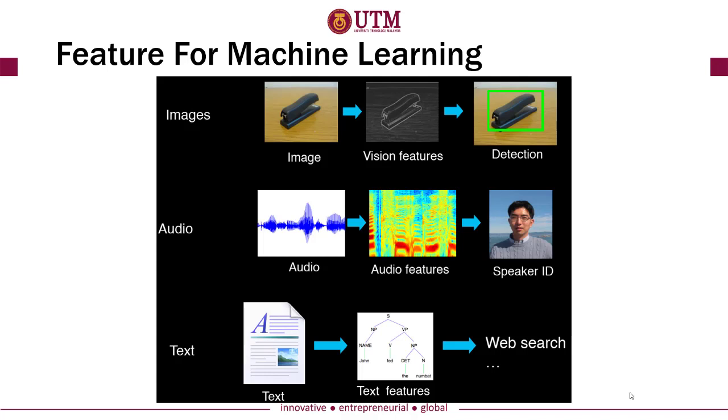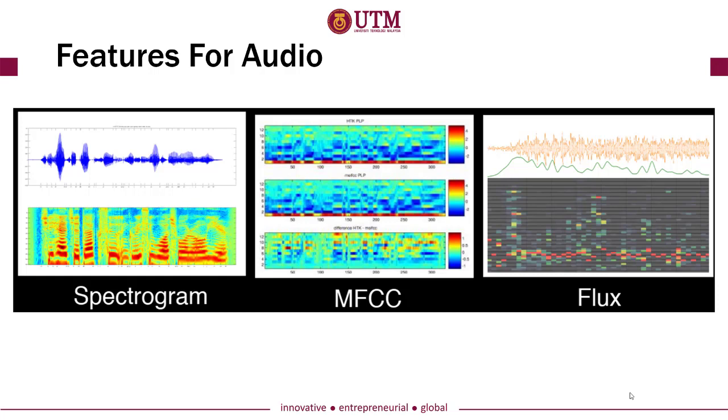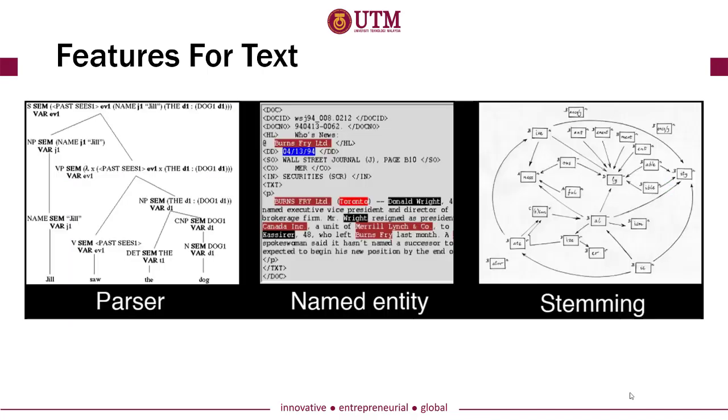If you are interested in speech processing, or speech recognition, then these are three common feature extraction approaches: spectrogram, MFCC, and flux. And if you talk about text mining, examples of feature extraction are person, name entity, and stemming. As you can see, different fields have their own different feature extraction approaches to fit into your classification module or your learning algorithms.